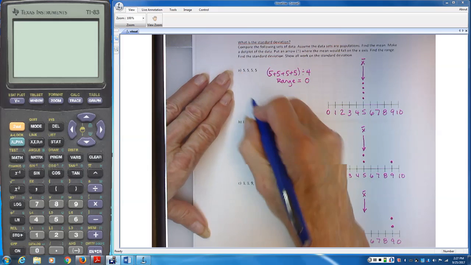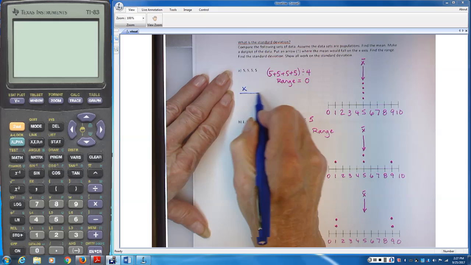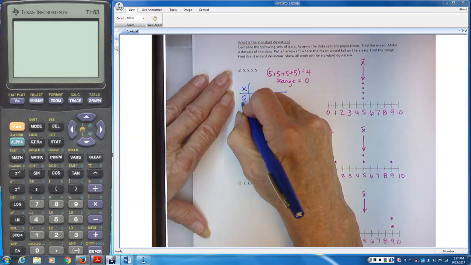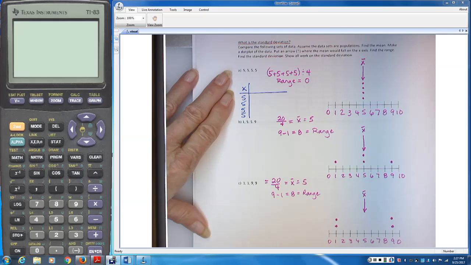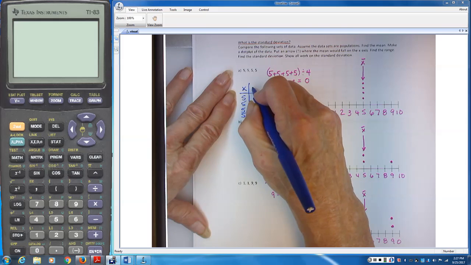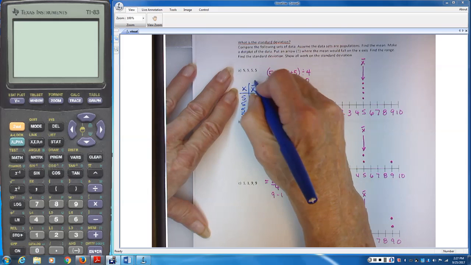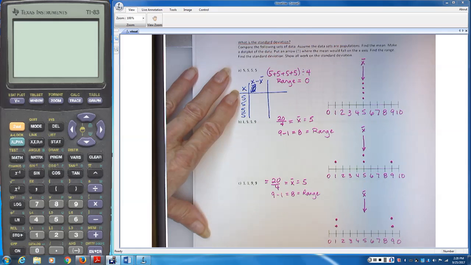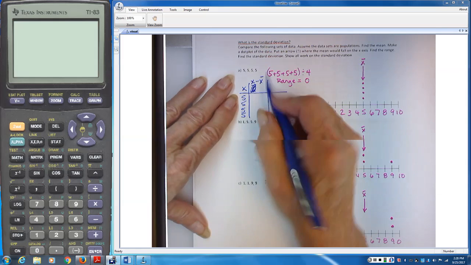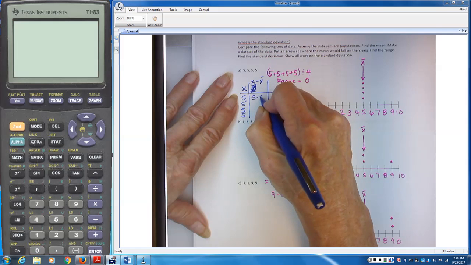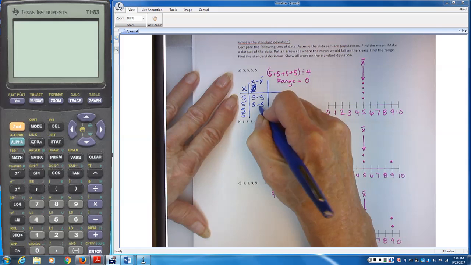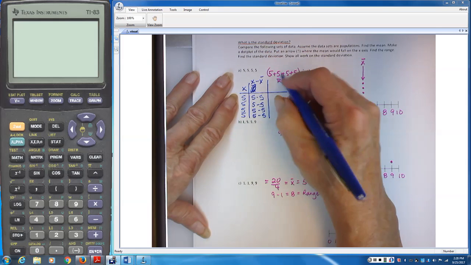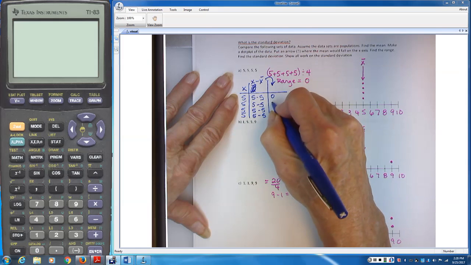So what we're going to do is take all of our x values, which are all 5, and we're going to subtract the mean from every one. And since the mean is 5, that's going to be 5 minus 5, which means that value in each case is going to be 0.